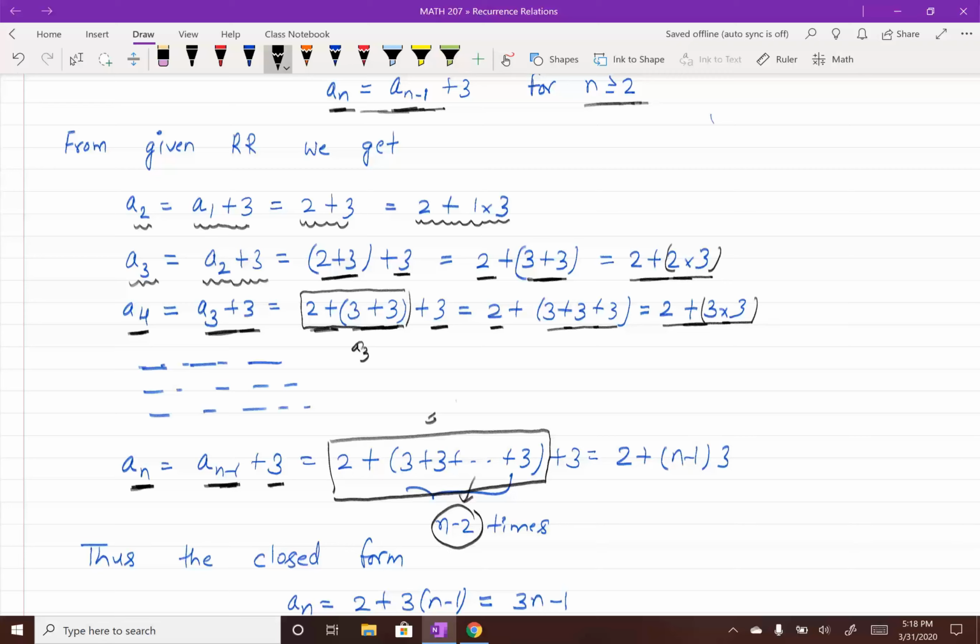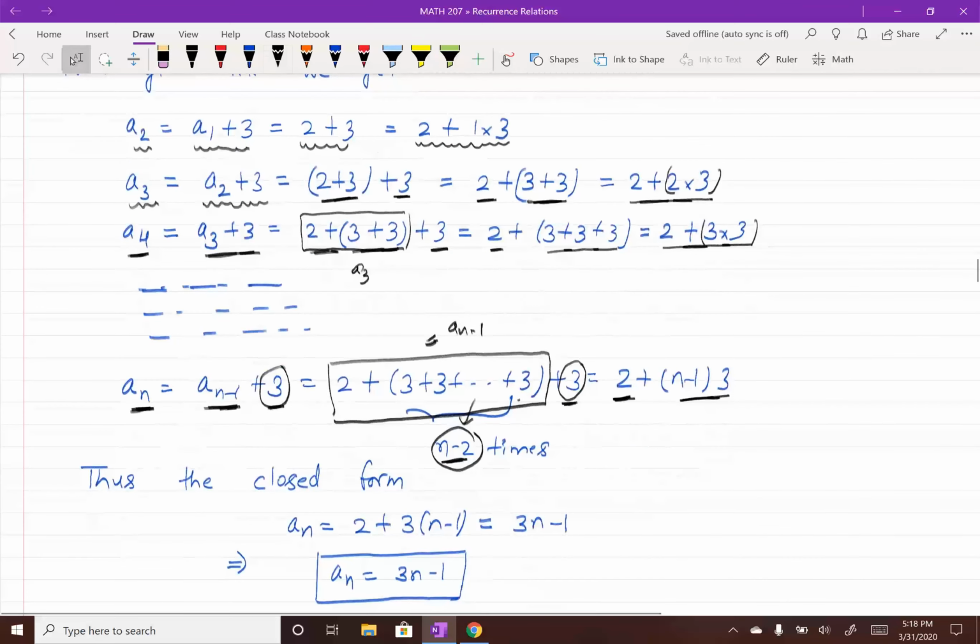This is basically your a of n minus 1 term, and then you add a plus 3 here because of this plus 3. If you add everything together, 2 remains as it is, and you have n minus 2 threes here and one 3 here, so in total you have n minus 1 times 3.